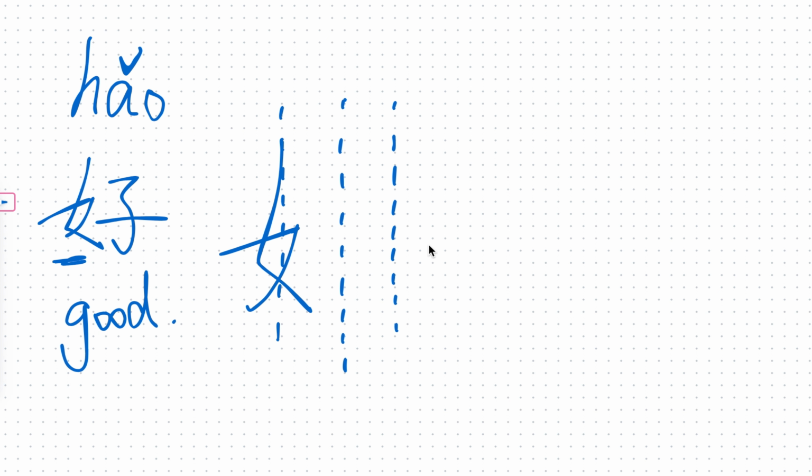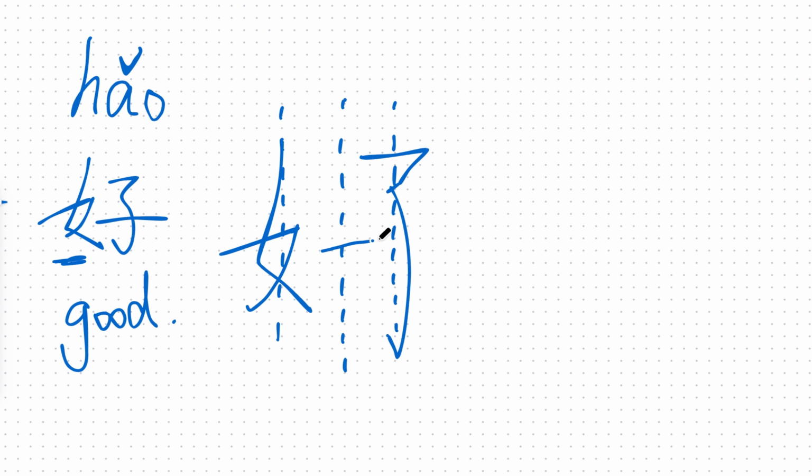And then the right part would be first the horizontal goes like this, and the second stroke has a little curve here and a little hook.